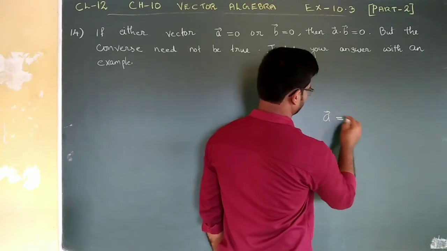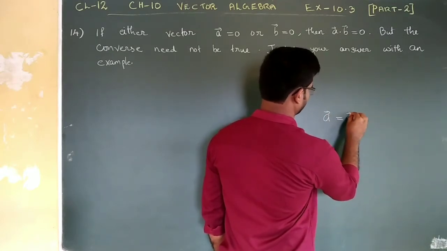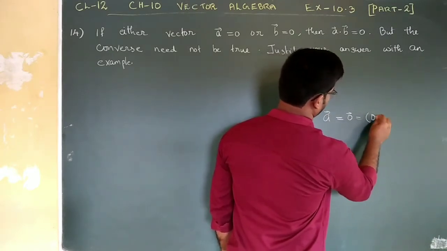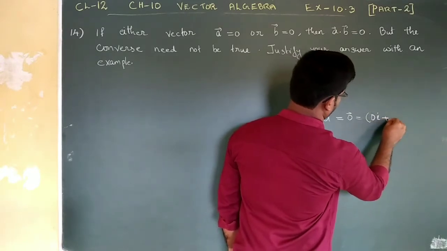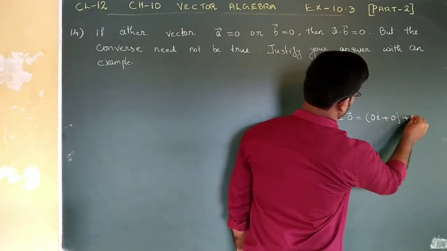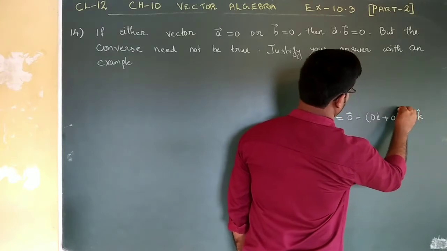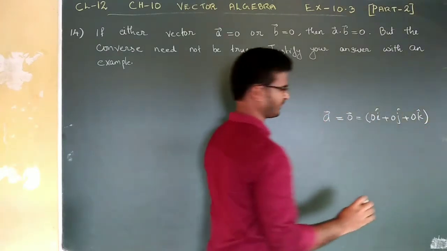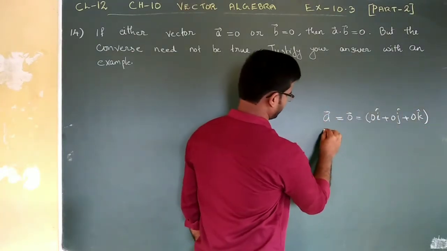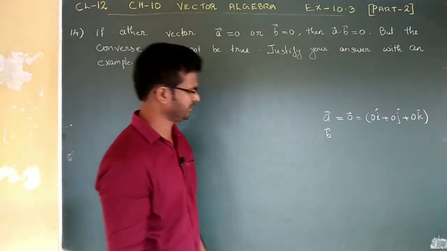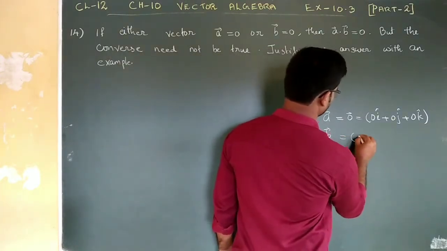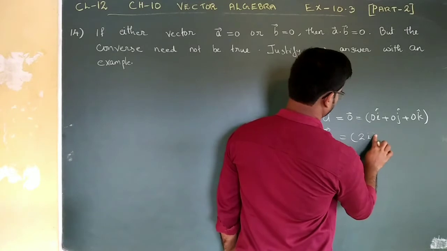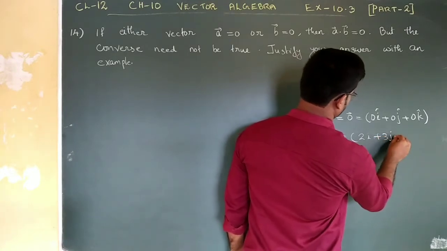If you consider A as the zero vector, then its i component, j component and k component are all 0. Then for vector B, take any non-zero vector, 2i plus 3j plus 4k.